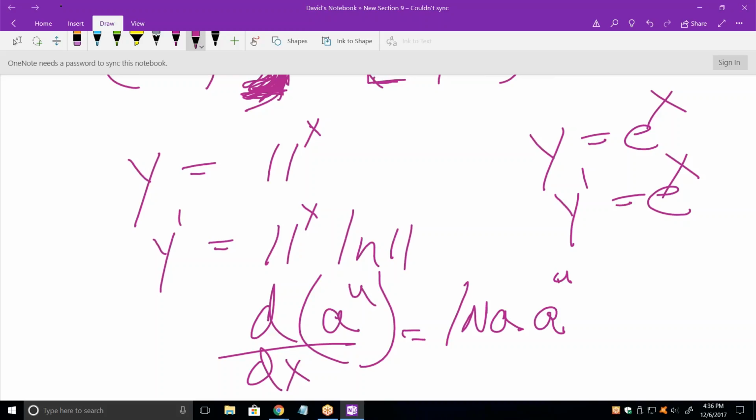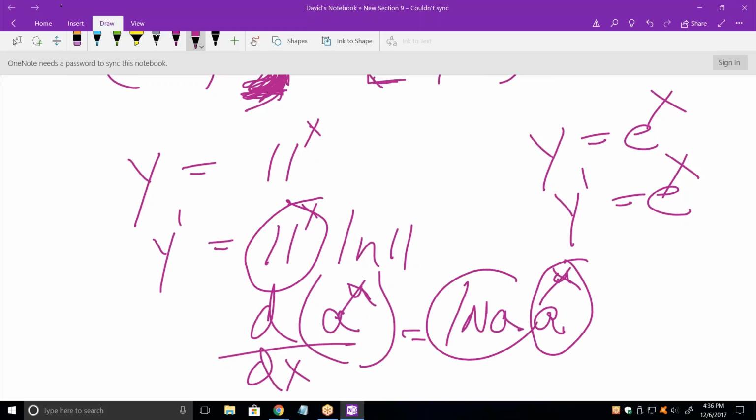It always assumes there's a chain rule in effect here. But in our case, this was an x and that's an x. And notice that's what I did. A to the x was 11 to the x. The natural log of a was natural log of 11. So it's very similar to e to the x. The only thing you have to do is add natural log of e.